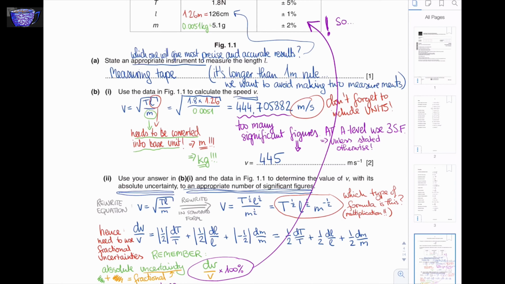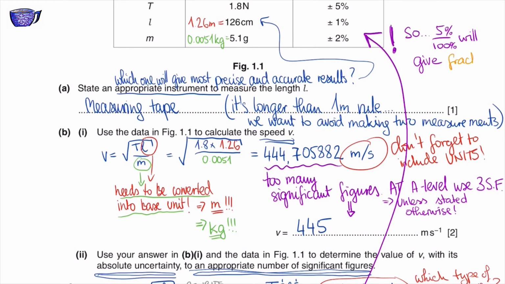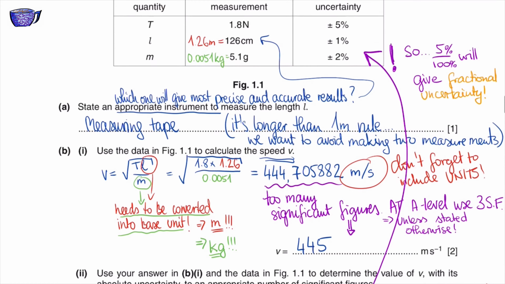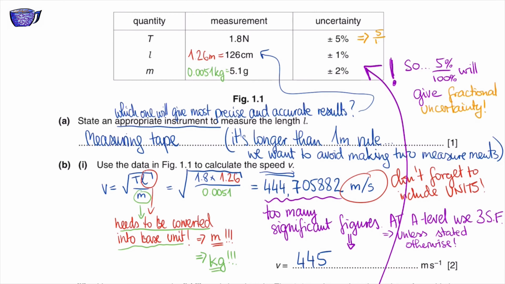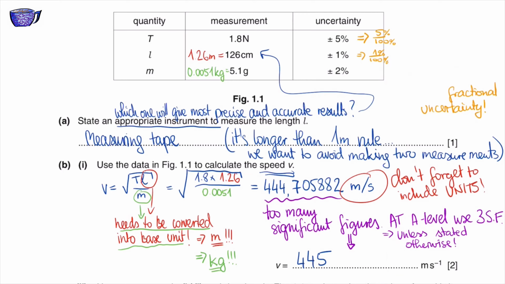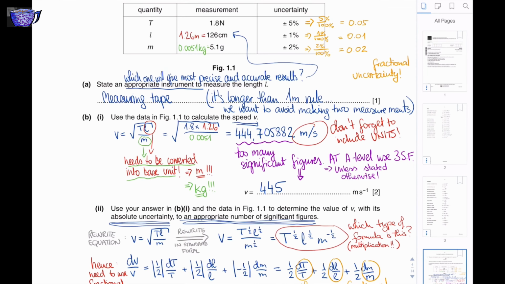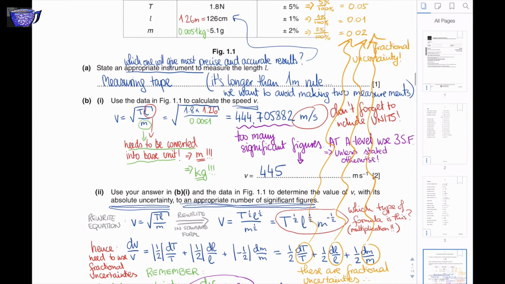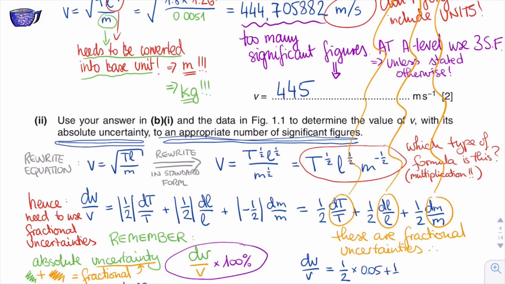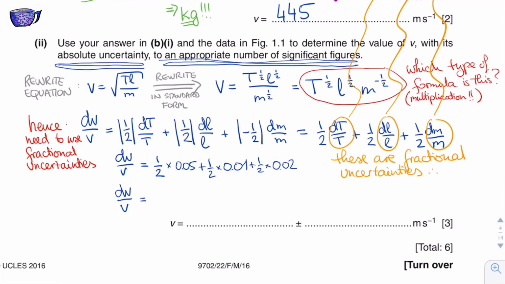Now, what we have in the equation here are all fractional uncertainties. If we look in the table above, we can get the values for all of them and calculate them. If we now plug them into the equation that we have here, we can calculate dv over v, which is 0.04.